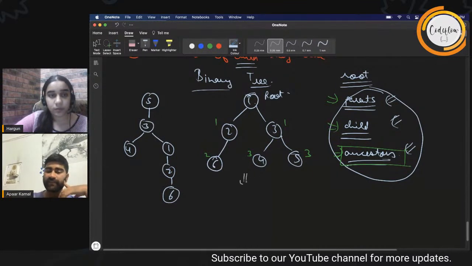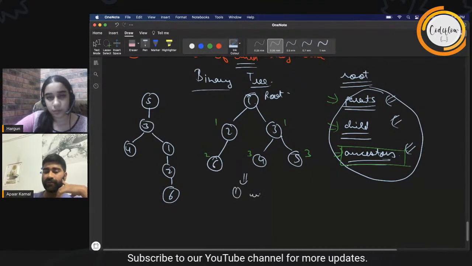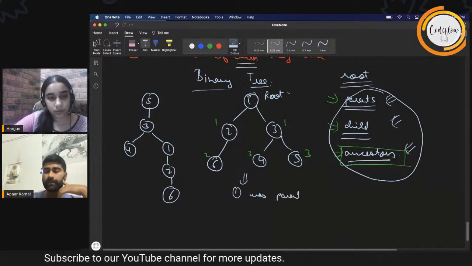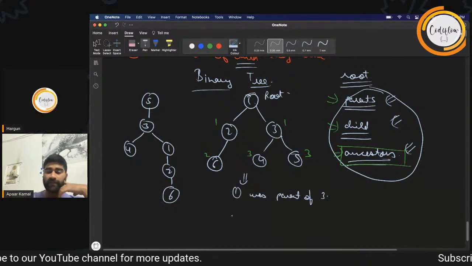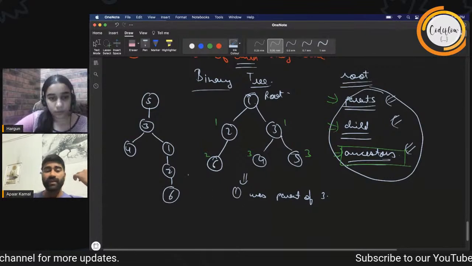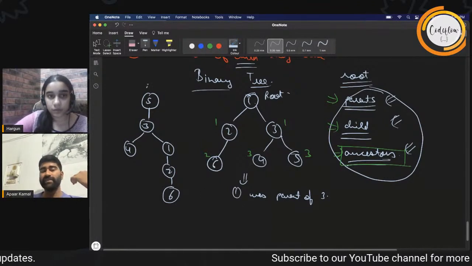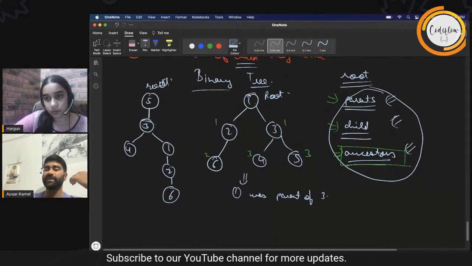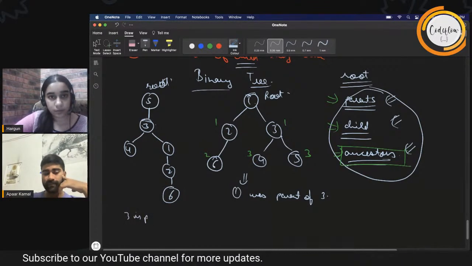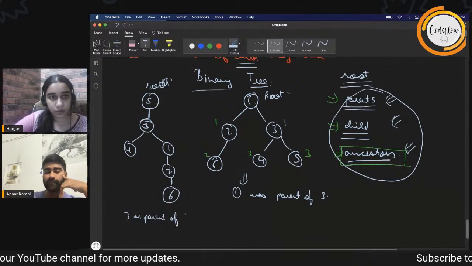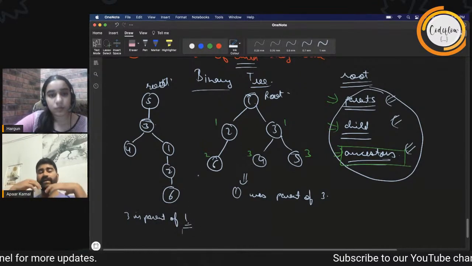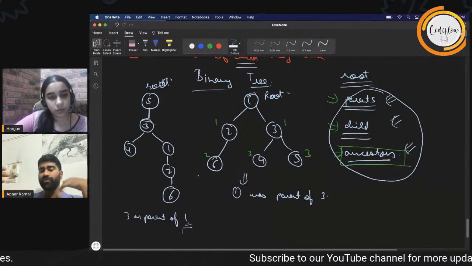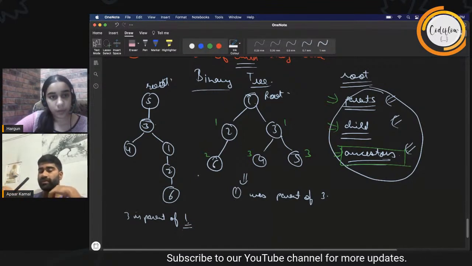In this given example, 1 was the parent of 3, but in this example, here 5 is the root node. So here we can easily see that 3 is the parent of 1. So it completely depends on the root node which node is the parent of which other node.